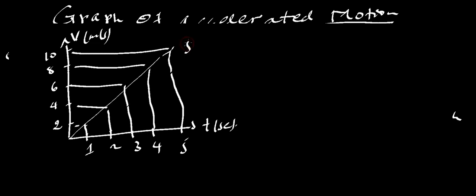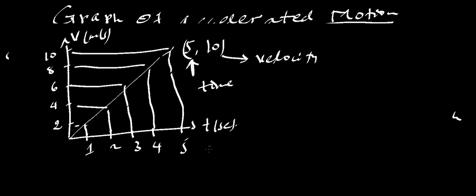So let's take the point (5, 10). The first coordinate is always the value on the x-axis, which is time, and the second coordinate is velocity.